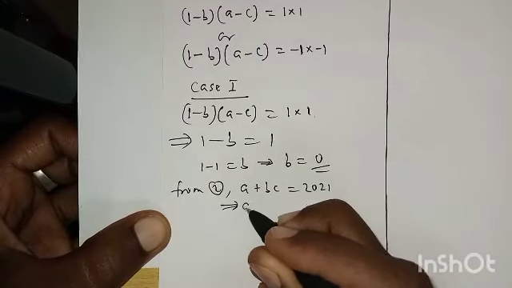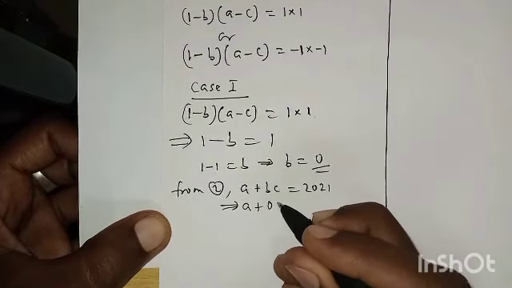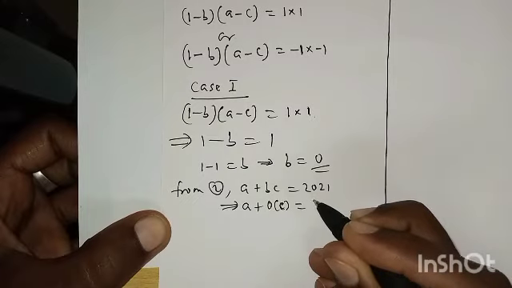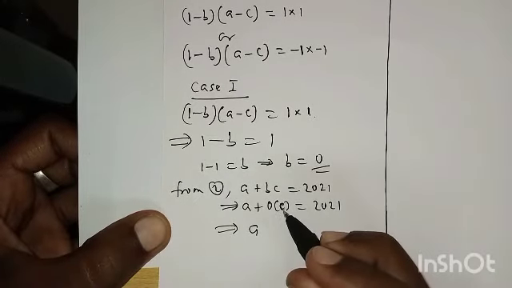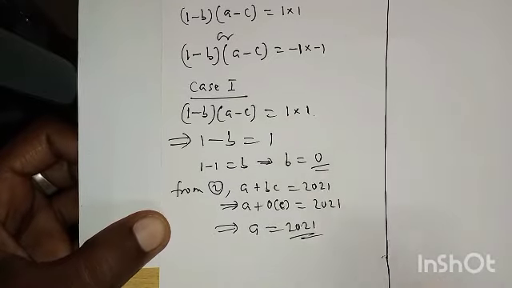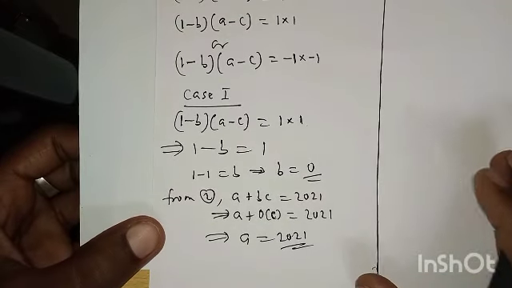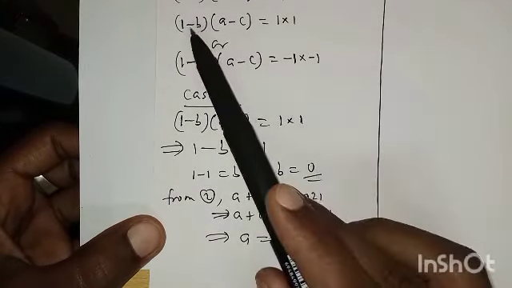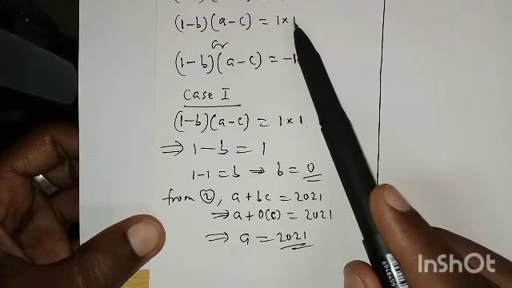So this implies A plus our B is 0, so we have 0C equals 2021. So this means our A, 0 times C is 0, so we have A equals 2021. Now from there, we also know that since 1 minus B is 1, then definitely A minus C is also 1.